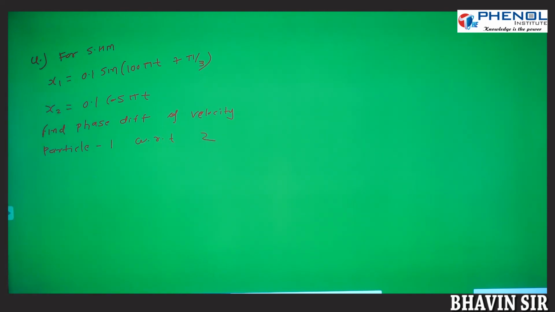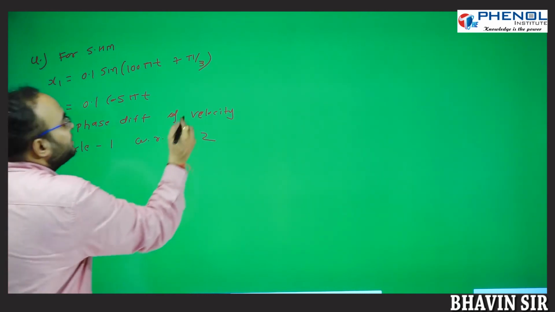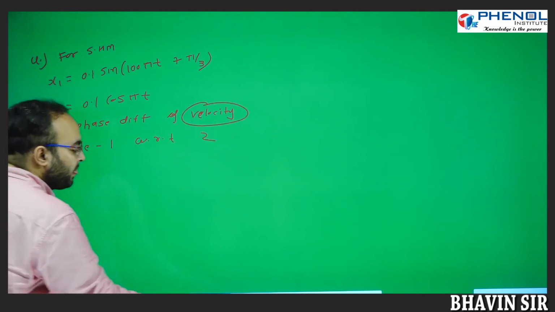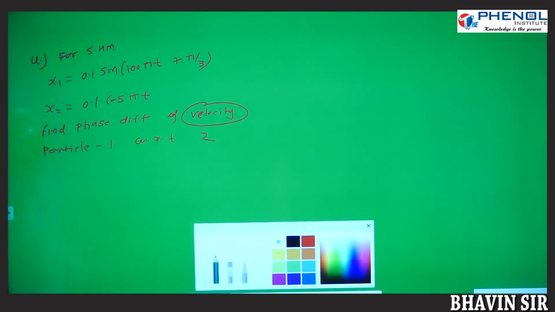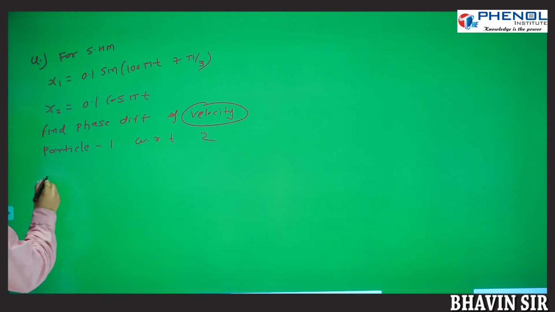Okay, find the phase difference of velocity of particle 1 with respect to velocity of particle 2. Now you want to find the phase difference of velocity, students. So first find velocity. So how to find velocity?